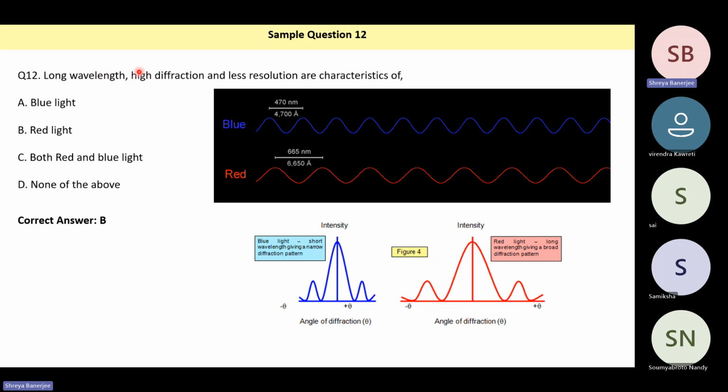So in that case, it is red light that is the answer. You are right that compared to electrons, definitely both red and blue light have low resolution. But here the question is comparing between red and blue light. So you have to say the answer is red light.